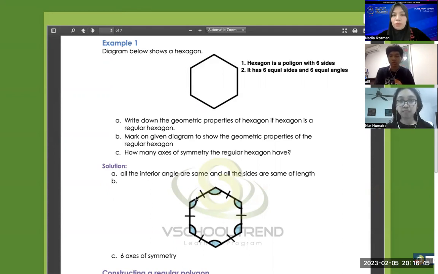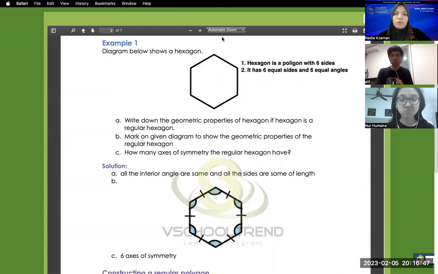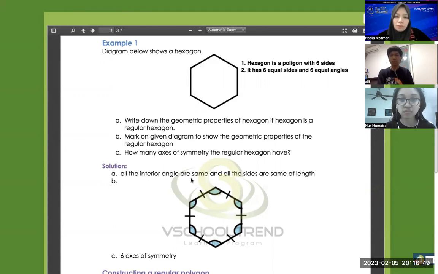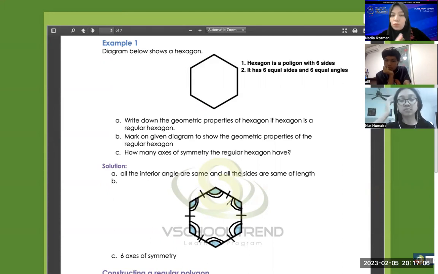If you use one line, you can also use two, what we call a double indicator, to show the same amount of sides. Sometimes you have two different lengths, but a number of sides which are the same.